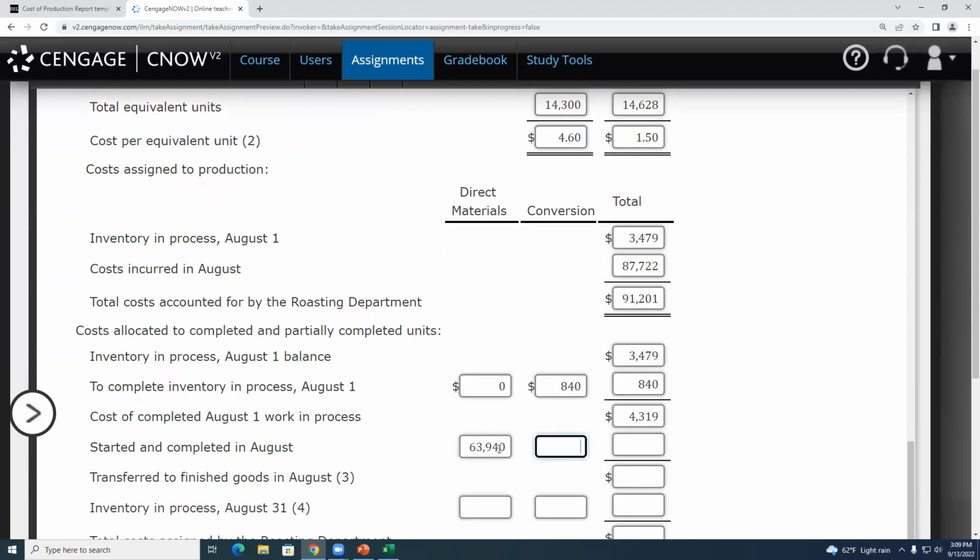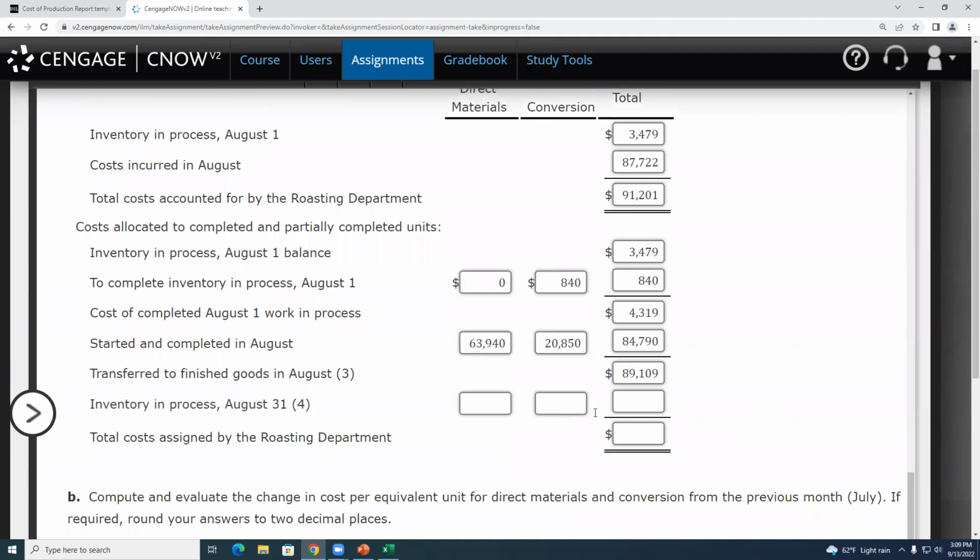The units times the cost per unit for conversion costs, and then add across to get the total. Add that total to the cost for the beginning inventory, and we have the total cost that were transferred to whatever comes next, in this case, finished goods.